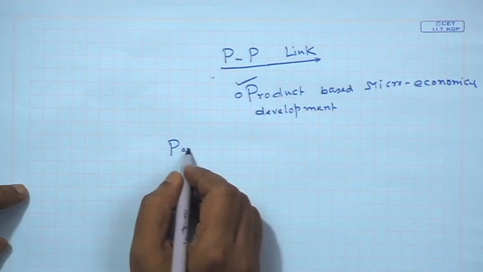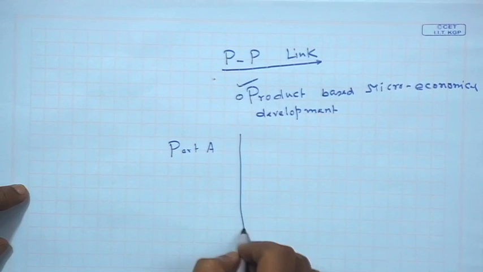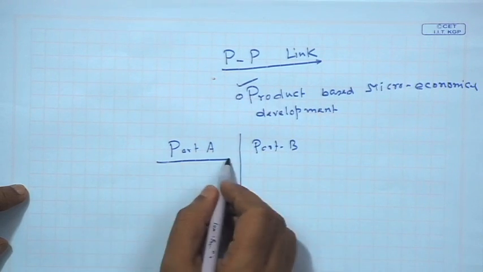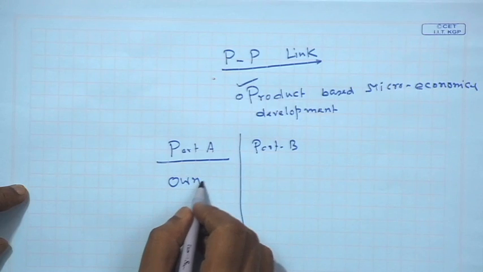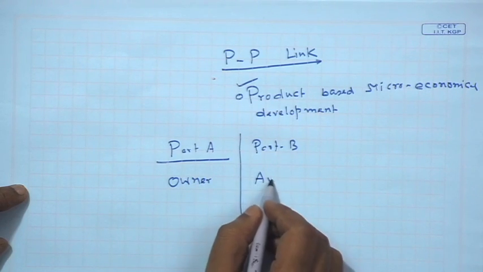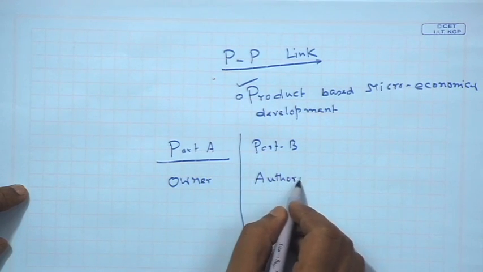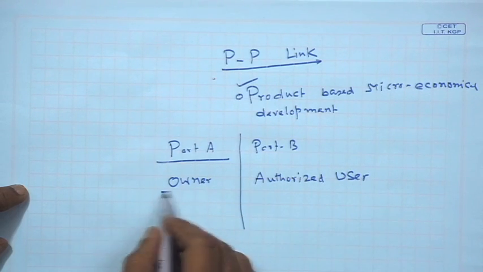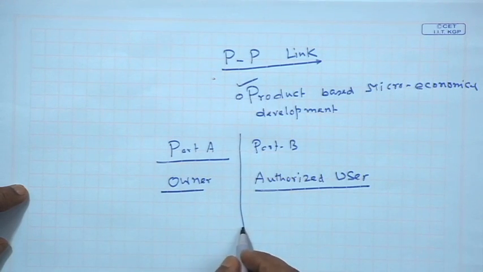So here you understand two parts, Part A and Part B registration. Part A is the owner, Part B is the authorized user. Okay. So, Part A, Part B registration.